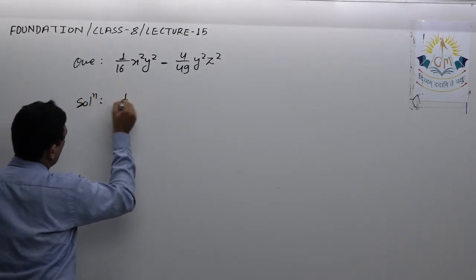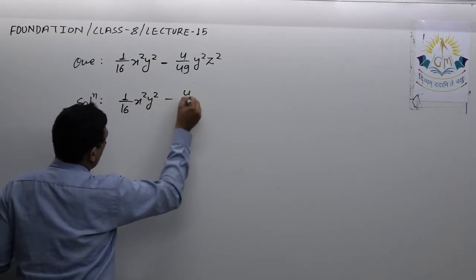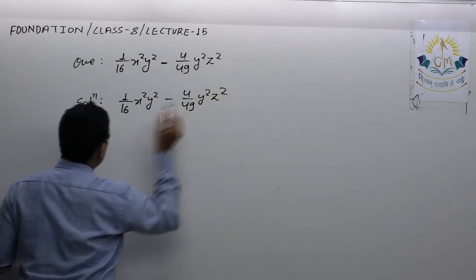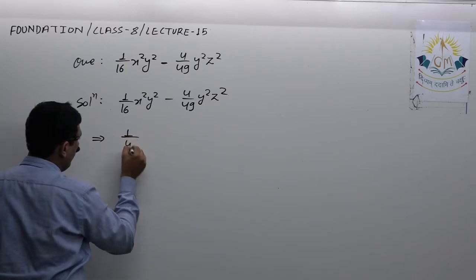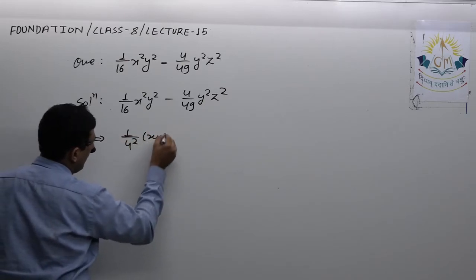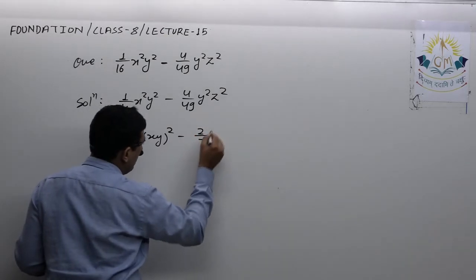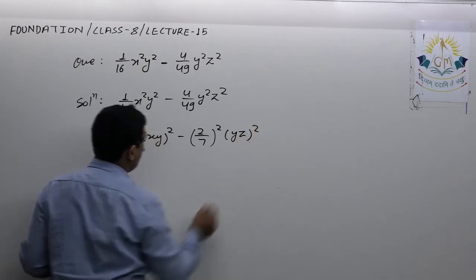Here I write 1 upon 16 x square y square minus 4 upon 49 y square z square. So this can be written as 1 upon 4 square, and this is xy square. Here I can write 2 upon 7 square yz square.